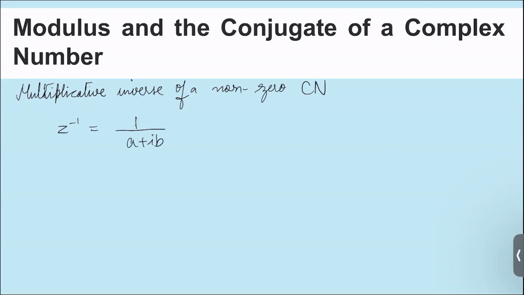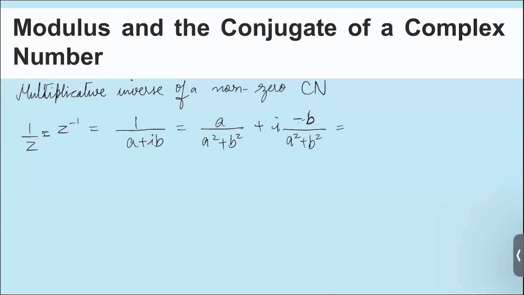Okay, so this is the meaning of multiplicative inverse. Any complex number written in the reciprocal form, you can write in terms of a upon a squared plus b squared plus i times minus b upon a squared plus b squared. You see, we changed the sign of the real coefficient of the imaginary unit.